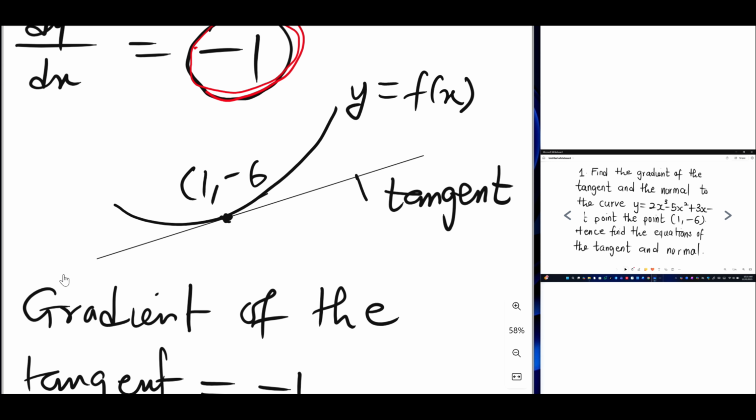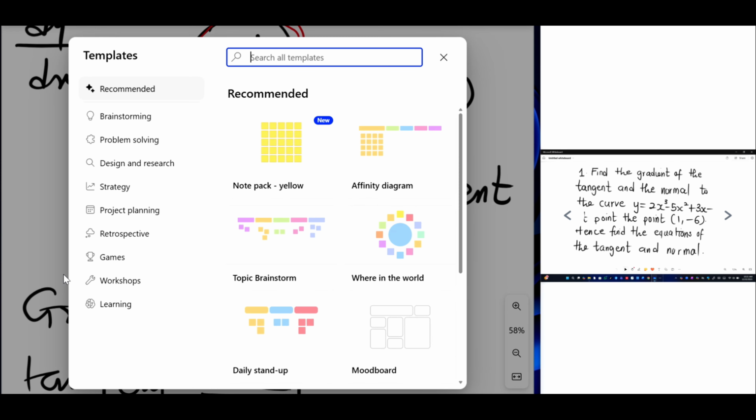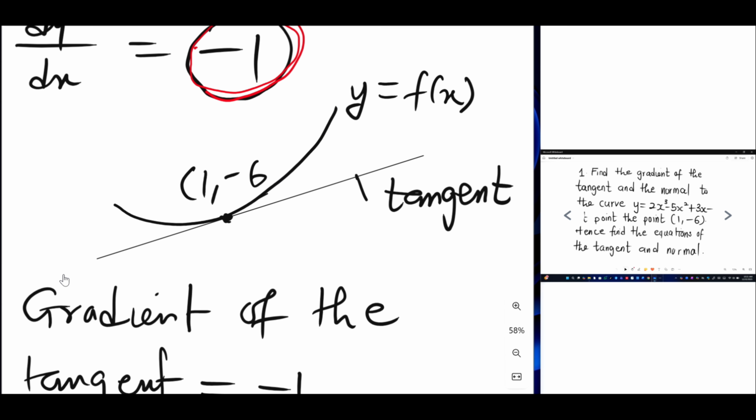So if you have this line, the line with color green, is what we call the normal.